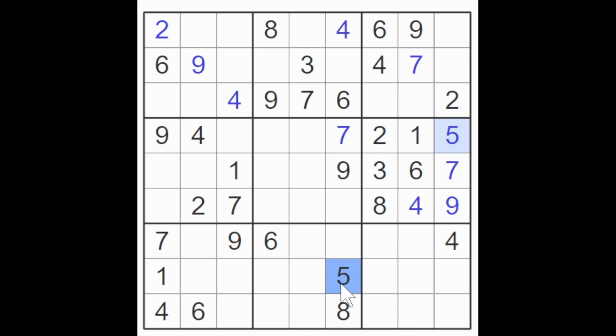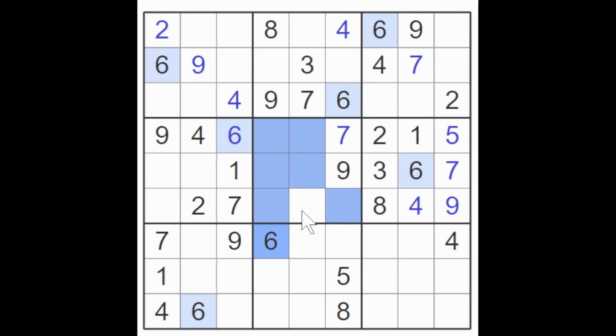Can we do something with the 6s? Yes, we can. Because there's a 6 going down here, and there's a 6 going over here, making this a 6. And now I think that these cells can't be 6, nor can these, nor can this, nor can this.